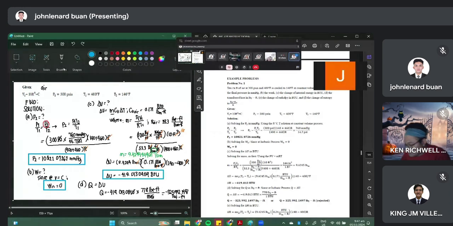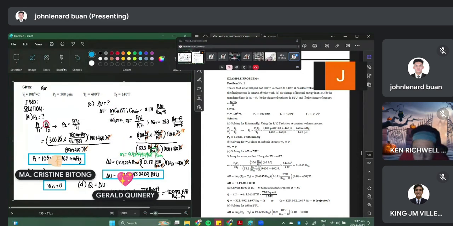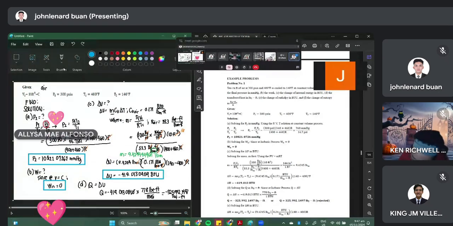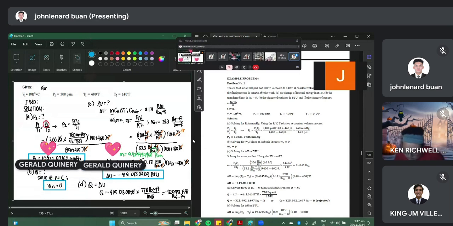In this case, if you get a positive value, which is really the answer, it is okay even if you did not add the word added, but it is also okay if you do. But if our answer is really negative, then either your answer has the negative sign in the numerical value, or if you will not use the negative sign, make sure you indicate that this is heat rejected by including the term rejected at the end. Do we understand, guys? So there are two possible ways when the heat is negative.